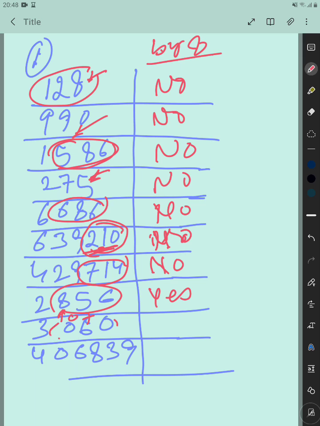Here we have 060, which means you can call it 60, so it is not divisible by 8, so it is no. And this one is completely negative, because this is an odd number. Okay, so an odd number cannot be divided by 8. Okay, fine, so this is no. So this is the complete list for divisibility by 8. Okay, so we are erasing this again.